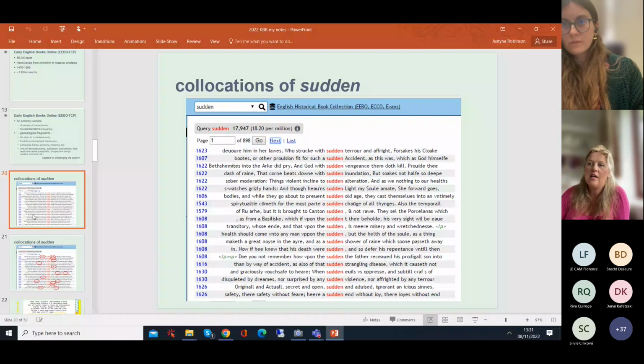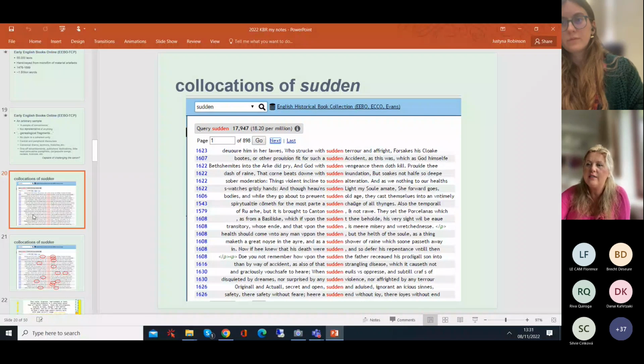The reason we chose sudden is that by looking at historical thesaurus data, we noticed that the concept really exploded in early modern English. I'm presenting here a screenshot from Sketch Engine, a typical concordance view of sudden in EEBO and ECCO data as well.